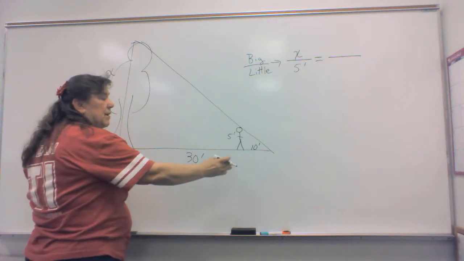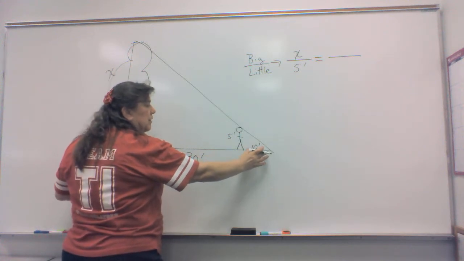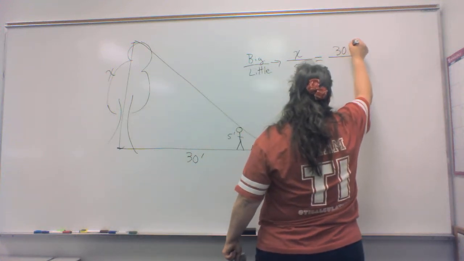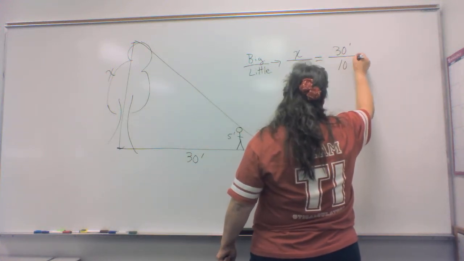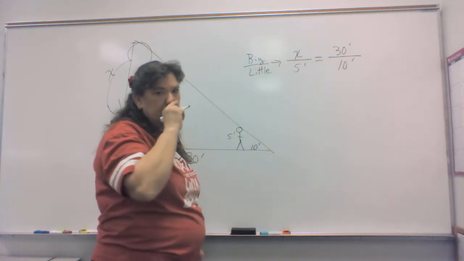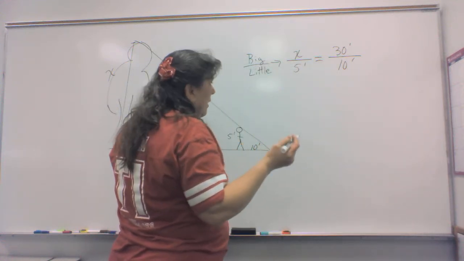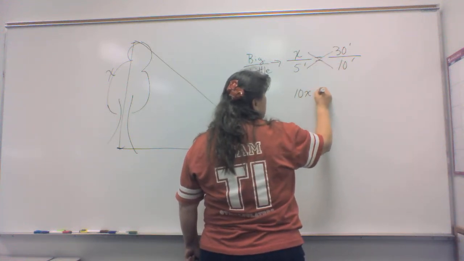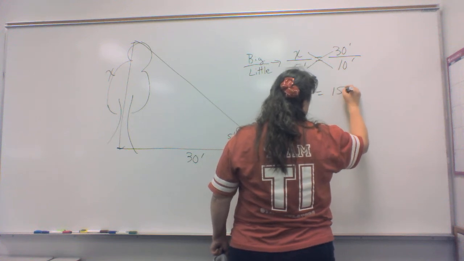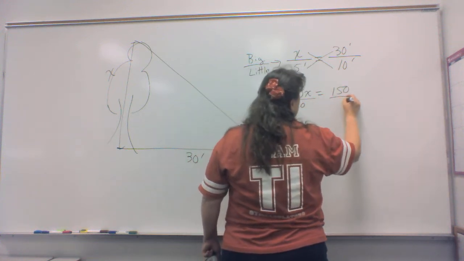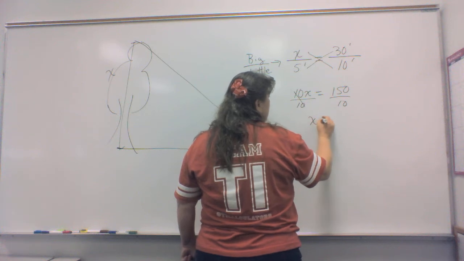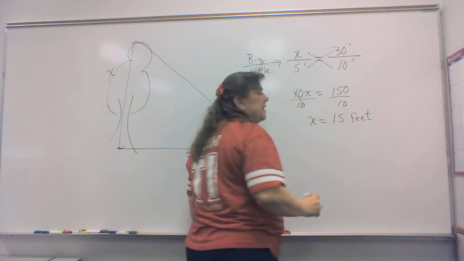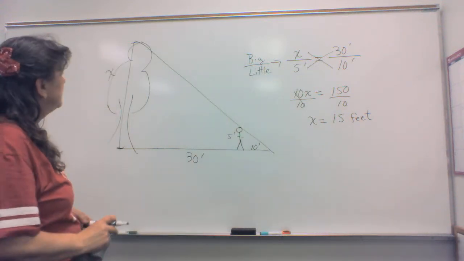Then you're going to compare the shadow of the tree to the shadow of the man. So my shadow is 30 feet to 10 feet. Okay? So, cross products again, and you have 10x is equal to 150, divided by 10, and I have x is equal to 15 feet. So my tree is 15 feet tall.